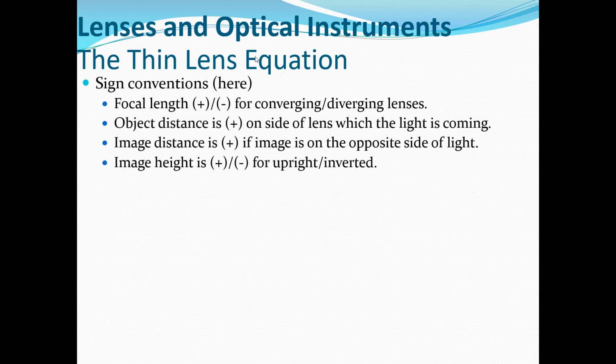However, that's only going to occur when we deal with combination lenses. So when you're dealing with single lenses, you're never going to have an object distance that's not positive. But the object distance is positive if it comes on the side of the lens where the light's coming from.